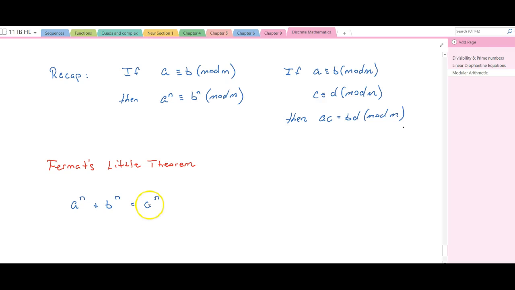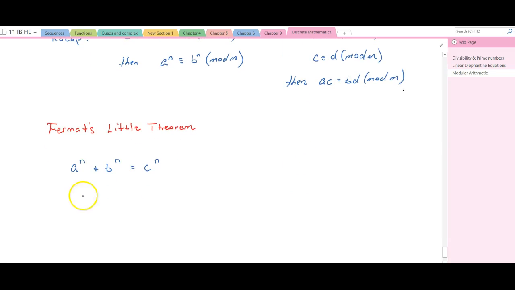So there's one integer solution that works. And through our work with Diophantine equations, we know that for power 1, referring to ax plus by equals c, there are an infinite number of solutions for the integer values.